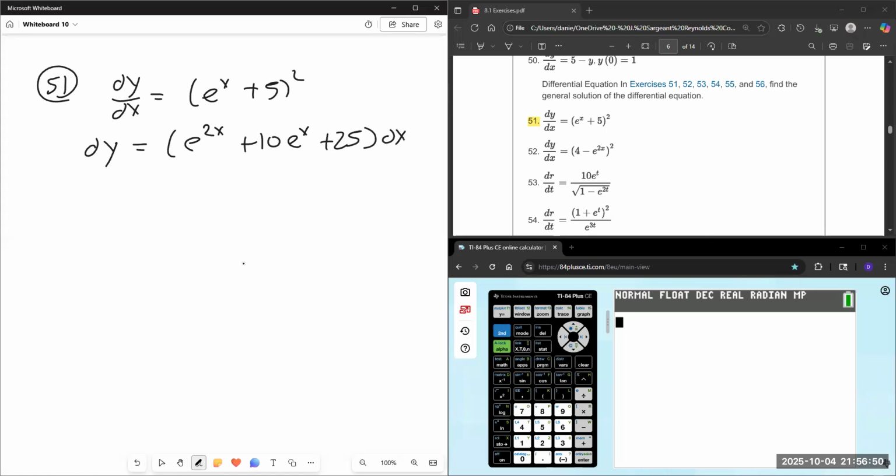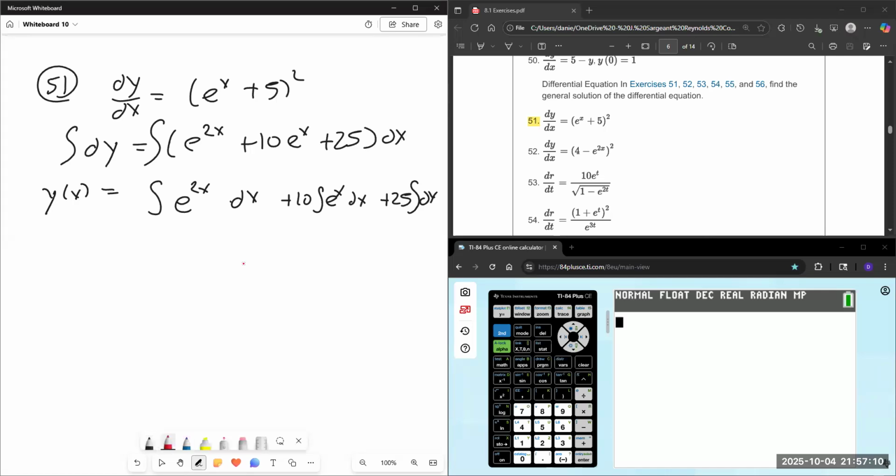We will integrate both sides. y of x is equal to the integral of e to the 2x dx plus 10 times the integral of e to the x dx plus 25 times the integral of dx. And this needs a 2 and a 1/2 to balance it. y of x is equal to 1/2 e to the 2x plus 10 e to the x plus 25x plus capital C.